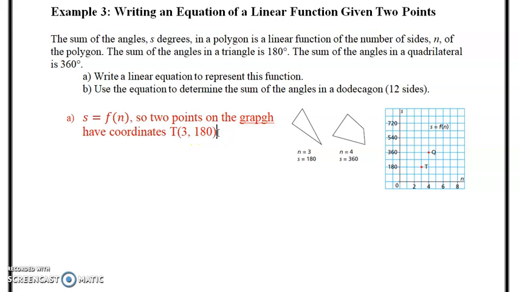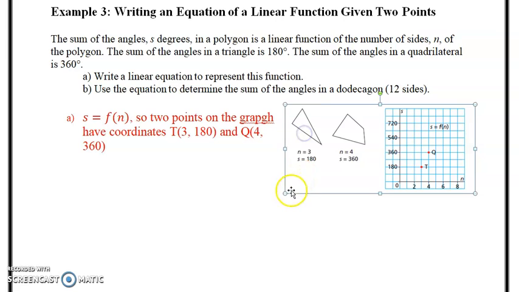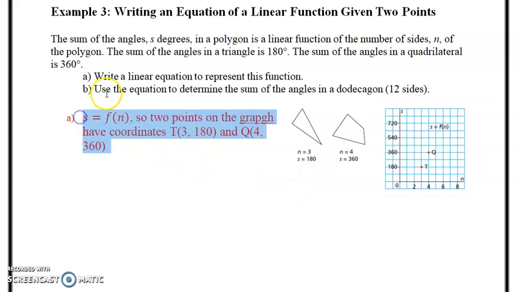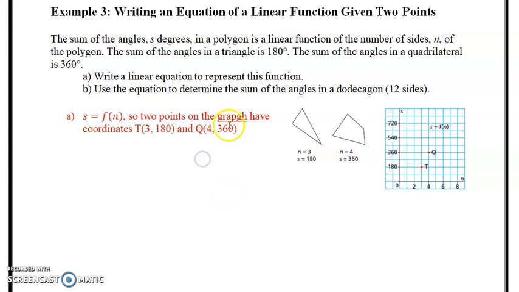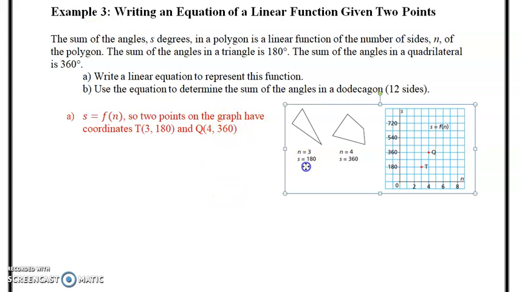Okay? And next we'll go with the quadrilateral. We'll obviously call that one Q. And that has 4 sides, and those add up to 360. We actually do this in Math 11. So the sum of the angles depends on the number of sides.